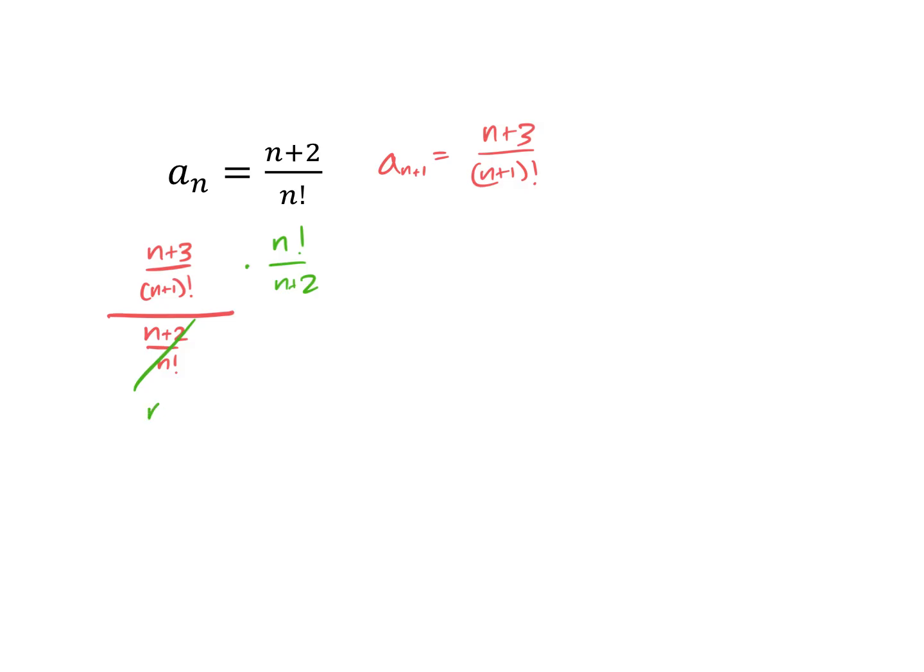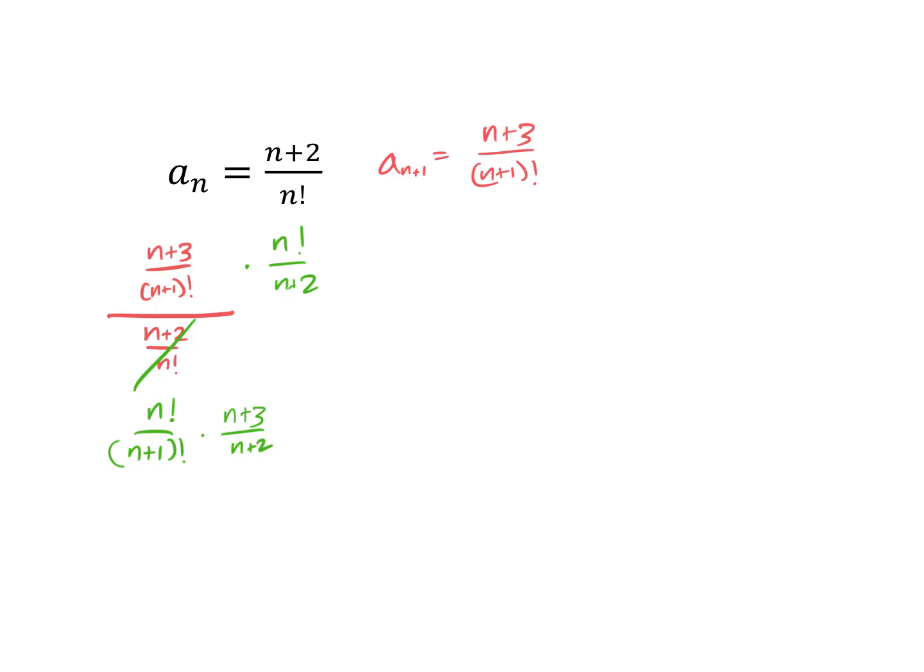So I have n factorial over n plus 1 factorial. It's usually pretty useful to put the like pieces together, like to put the factorials into one fraction.